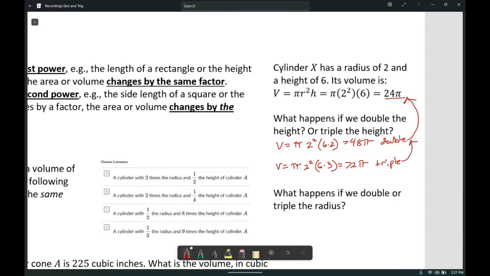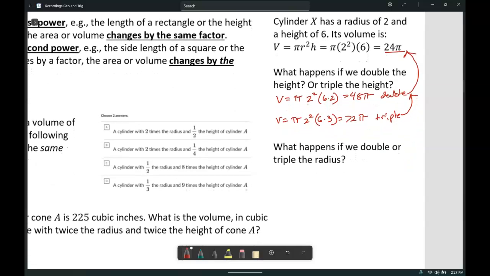And so we see that when we double and triple the linear value, the h, we get double or triple the volume. But if we double or triple the radius, we get something different. If we take the volume and we double the radius and then we square it, multiplied by the original height, we get 96 pi, which is 4 times the original volume.